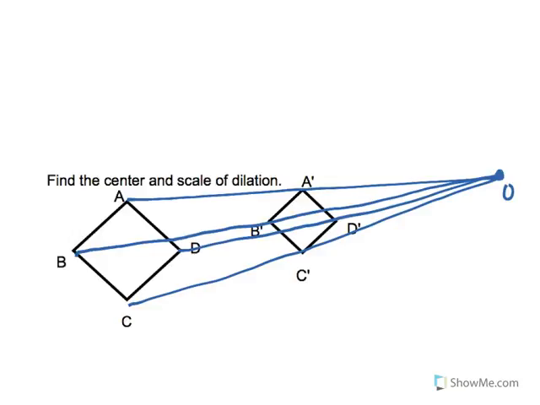And the point where they all connect is called center O. So now, remember, we found the distance from the center to A prime, and that is 7 centimeters. From the center to A original, we had 13.5 centimeters.